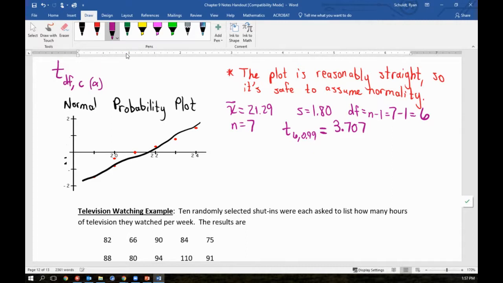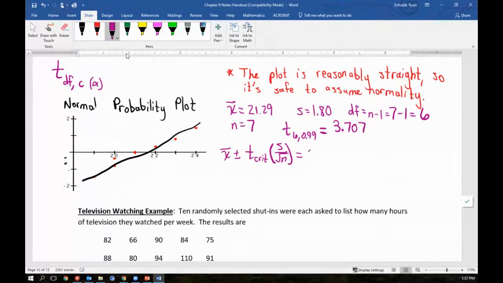Okay, so we have everything now to do our interval. So x bar plus or minus our t critical value times s divided by the square root of n.